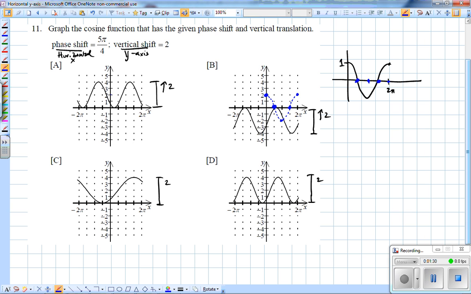Same thing for this one. So what I'm essentially doing is just plotting the original cosine function in all the graphs. From there, I'm just going to compare to see which one of those had these translations given.